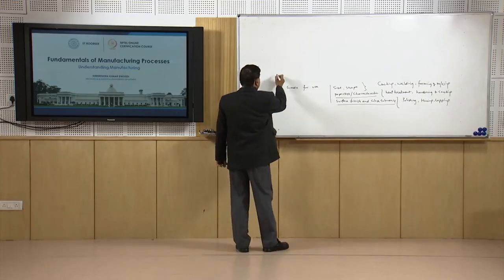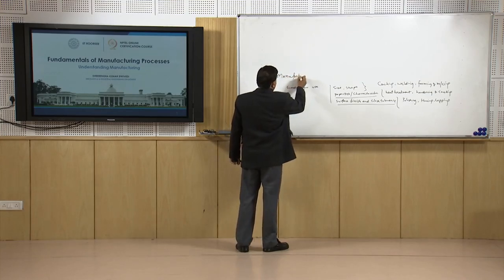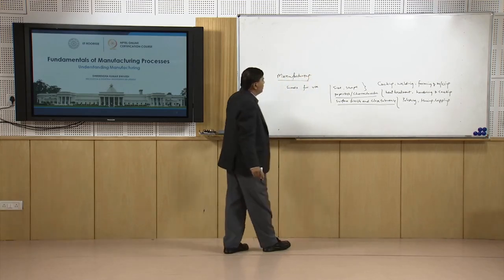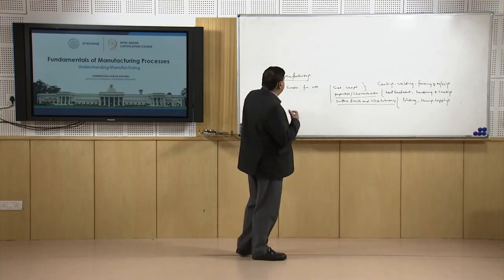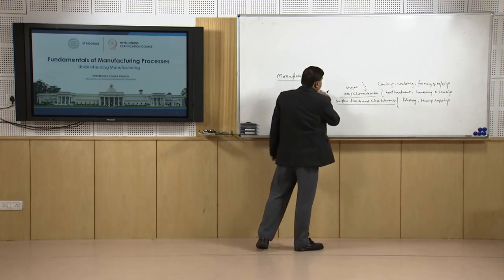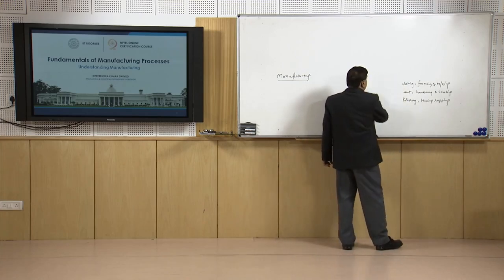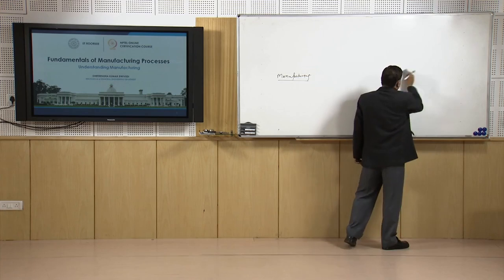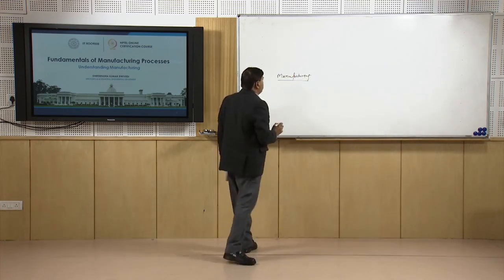So, this is what is there in manufacturing. Basically, we try to make goods which can be used for service by human beings. Manufacturing can be defined in two ways. One is the technological way and another is the economical way.